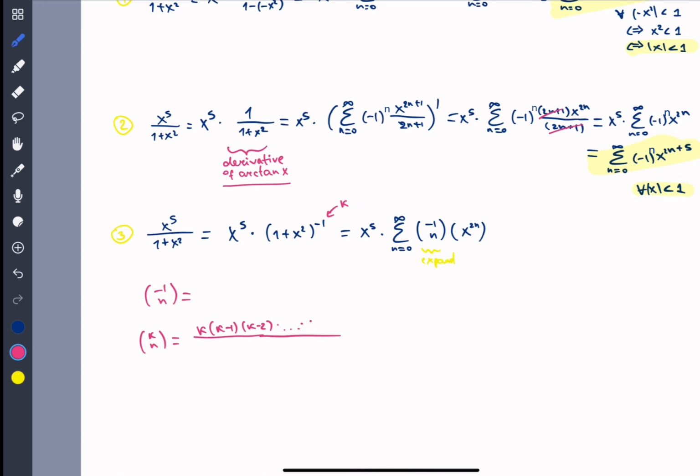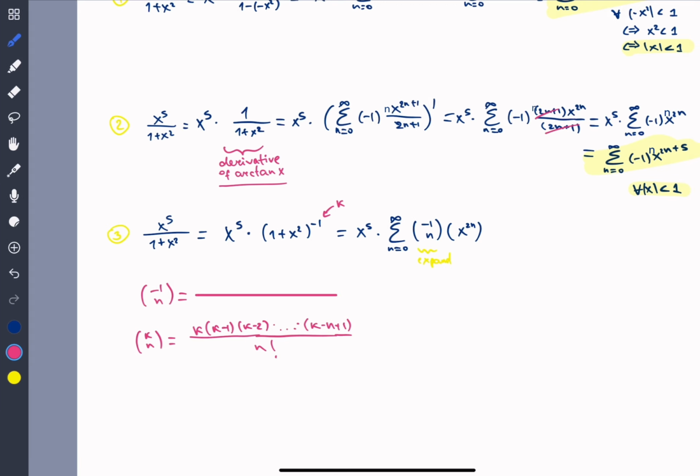And yeah, so the coefficient here is just k times k minus 1, k minus 2, all the way to k minus n plus 1 over n factorial. So we just rewrite it for the k that we have, which is minus 1 instead of k. After writing it out, we just see a pattern, which is minus 1 times minus 2 times minus 3, all the way to minus n over n factorial.